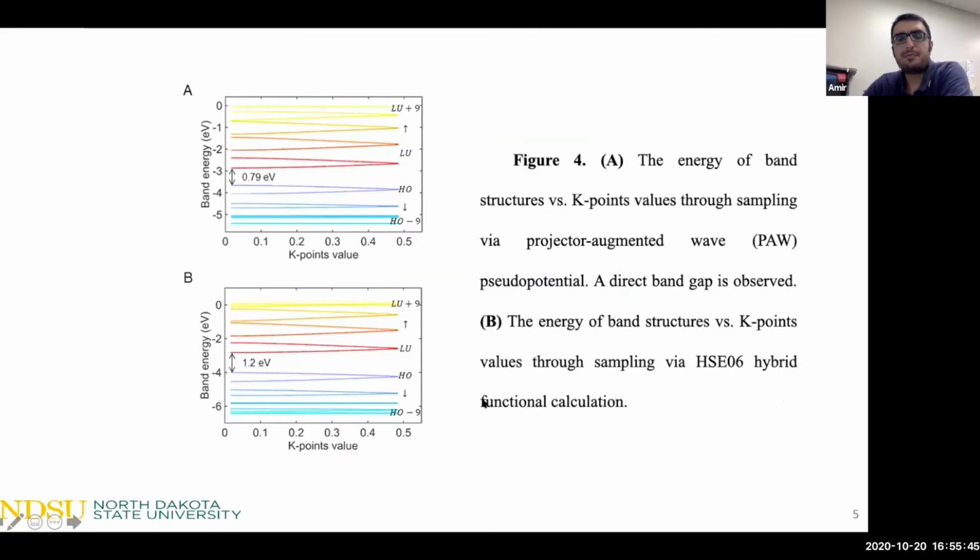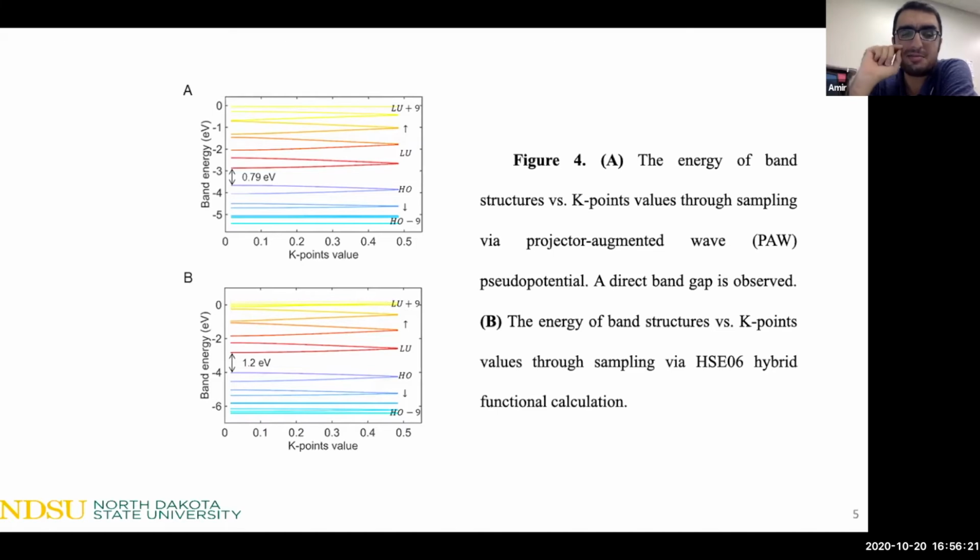Okay, the next results are the k-point sampling results, the frontier orbitals for both PBE and HSE06. Here a direct band gap is observed for this polymer model. To clarify, for this k-point sampling we utilized 16 different k-points.